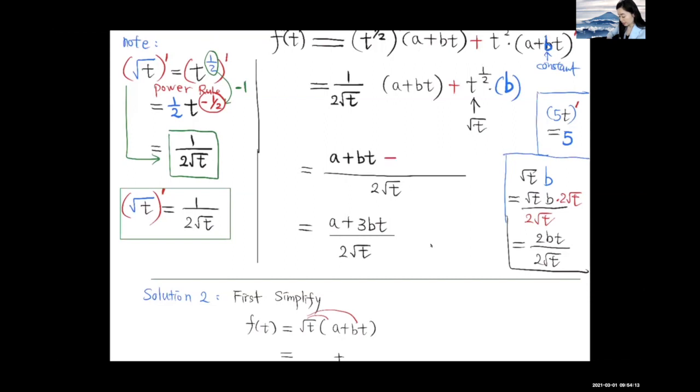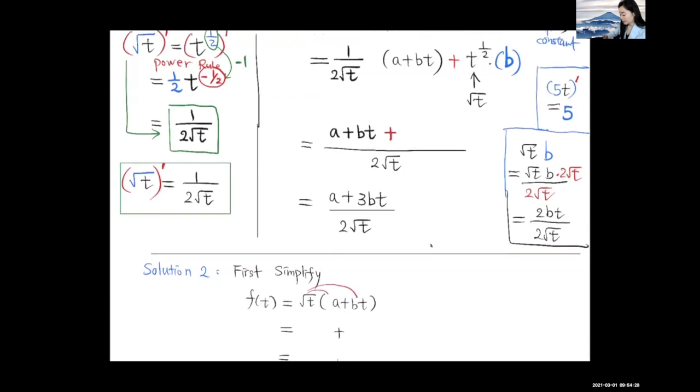And then adding. Now this one here, b times square root of t. If I change the denominator here to 2 square root of t, I will multiply up and down by 2 square root of t. I'll have 2 square root of t in the denominator. Now notice that square root of t times square root of t is t.